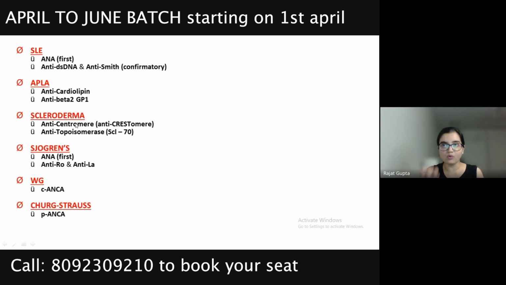This is more associated with CREST syndrome, and anti-topoisomerase is associated with systemic sclerosis as such. Now, Sjogren's, ANA definitely will be positive, but it's anti-Ro and anti-La that we need to be looking at. Okay, now WG is C-ANCA positive, and Churg-Strauss is P-ANCA positive.